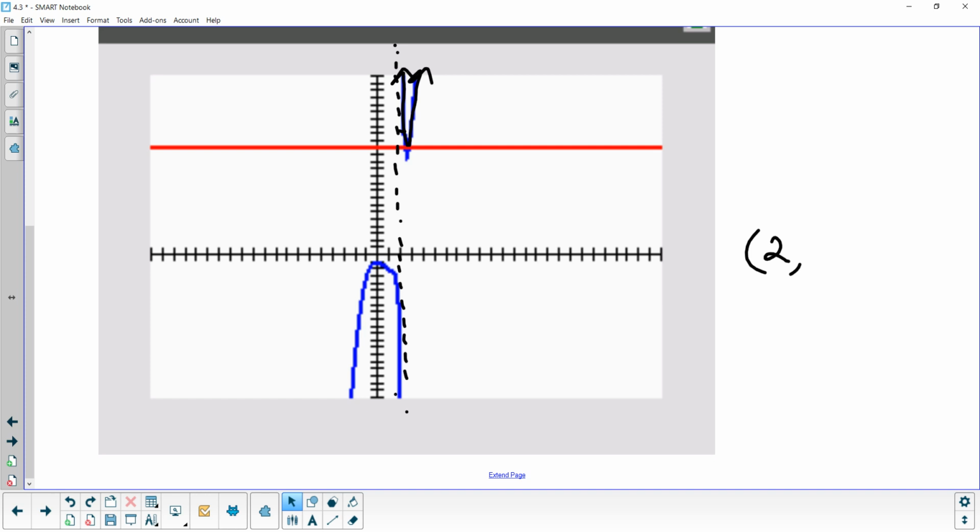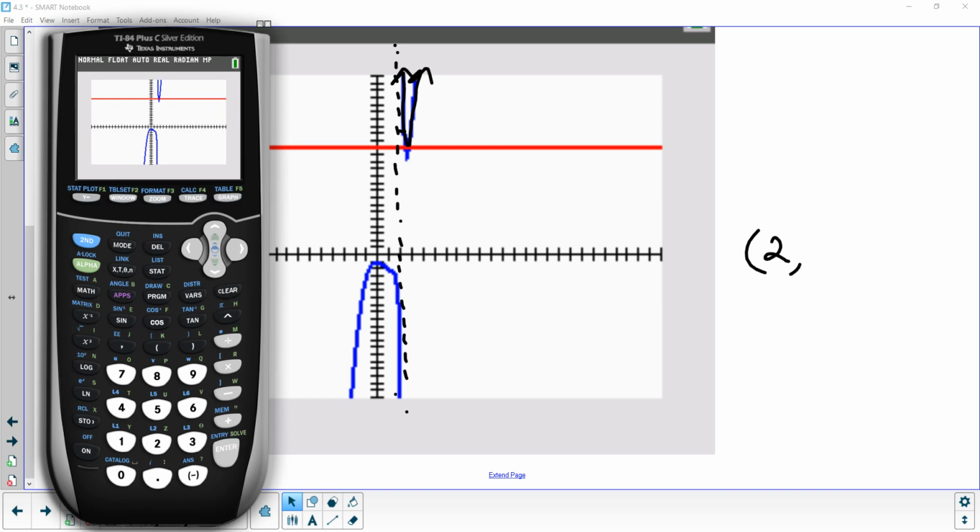So don't go past the dotted line, but you can go right up to, and I would have to zoom in and find that intercept. See if I can find it relatively quick. I'm looking for the one on the left. So from 2 up to, second calc, intersect.